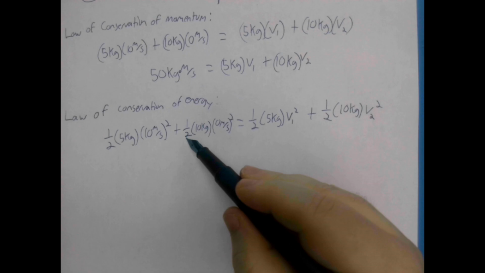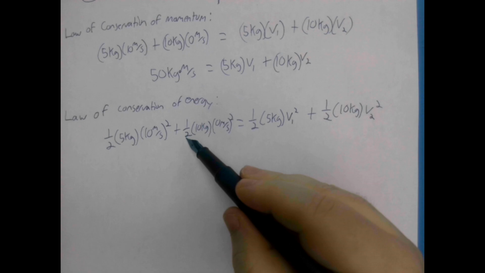So 50 minus 10 v2 is equal to 5 v1, moving this to the left side. Divide both sides by 5. That would be 10 minus 2v2 is equal to v1. Right? Follow? I moved this to the left-hand side, and then divided both sides by 5.